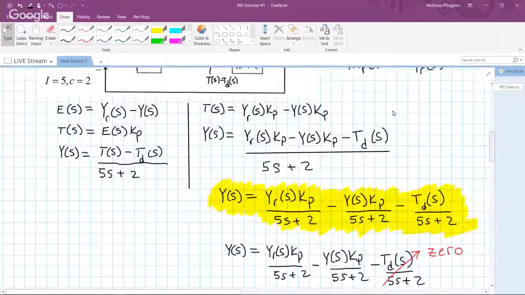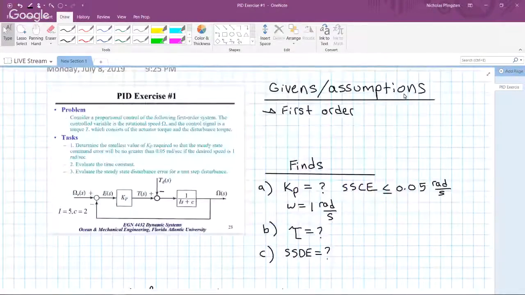The next portion is telling us what is the time constant. Well, how do we find the time constant? Let's think about this.